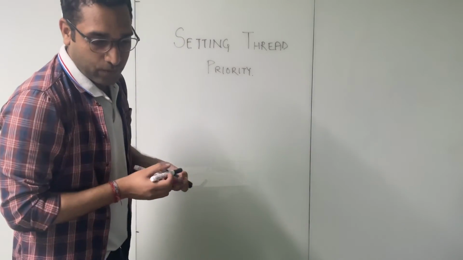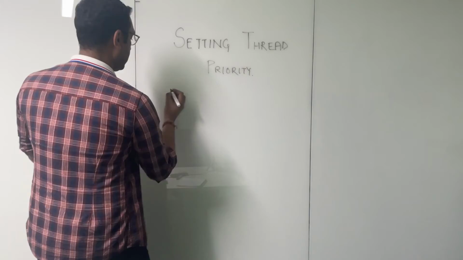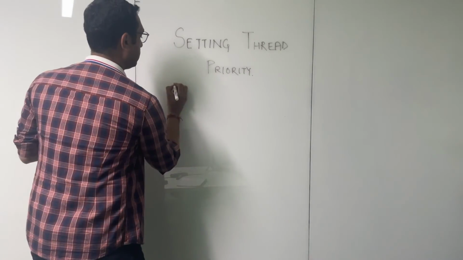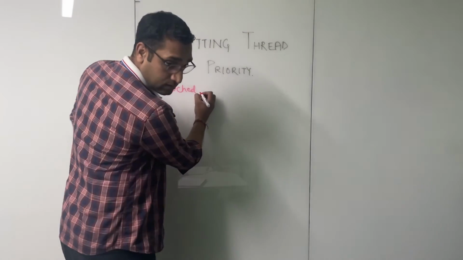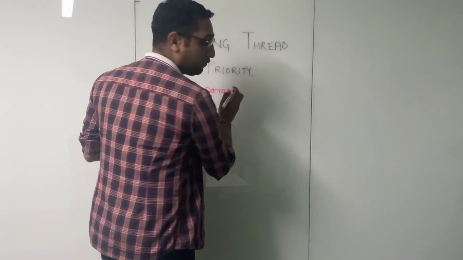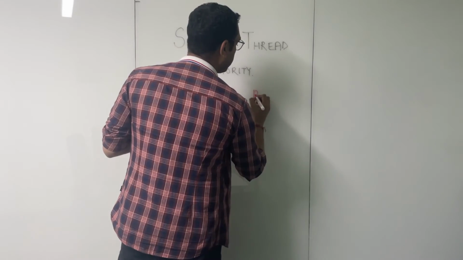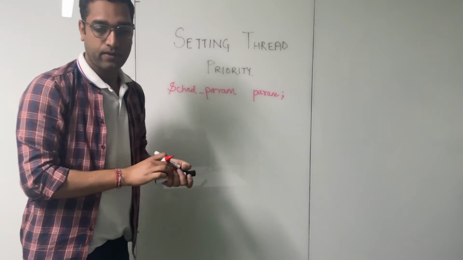So there is a structure called sched_param that is provided by POSIX. What we shall do first is define an object of type sched_param.